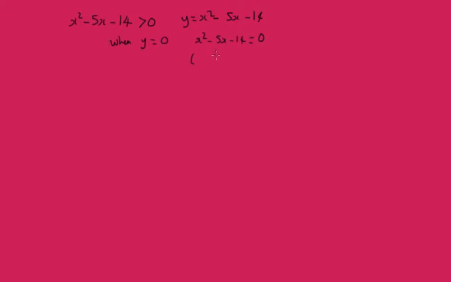We'll factorise this. We have x minus 7, x plus 2 equals 0. So x equals 7, x equals minus 2. So let's start to draw this.